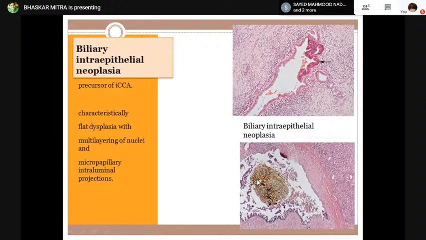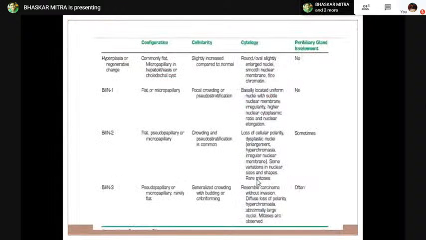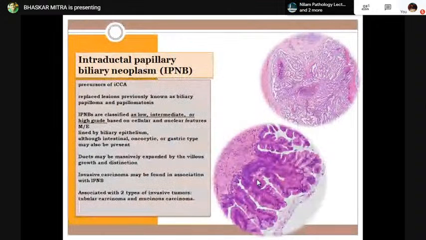These are the biliary intraepithelial neoplasia, BilIN group. Now, how to differentiate BilIN 1, 2, and 3? I am coming back to this, just compare with intraductal papillary. Here we can see the prominent papillary biliary architecture.